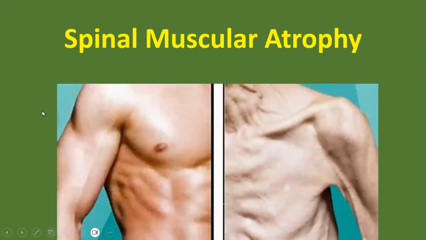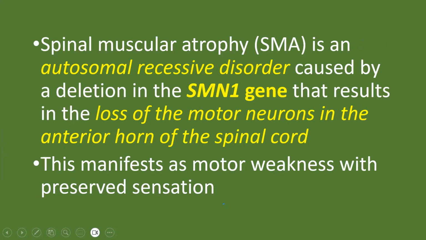This is another condition, which is called spinal muscular atrophy. This is the same patient who was muscular, and what was the result later on. Spinal muscular atrophy is an autosomal recessive disorder caused by a deletion in the SMN1 gene that results in loss of motor neurons in the anterior horn of the spinal cord.